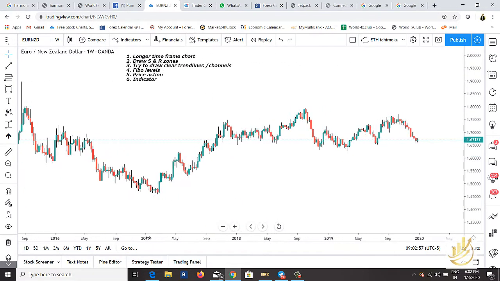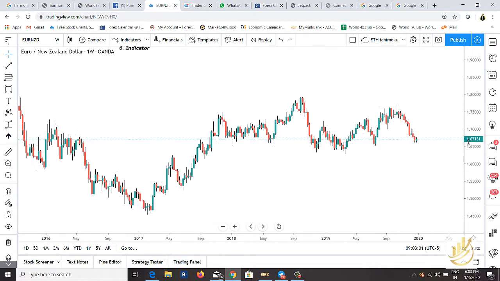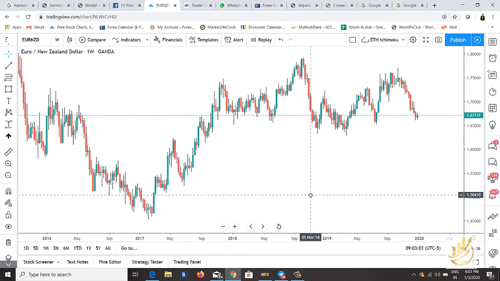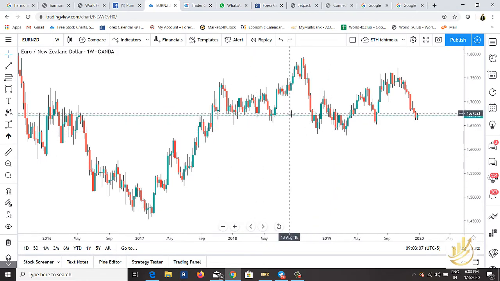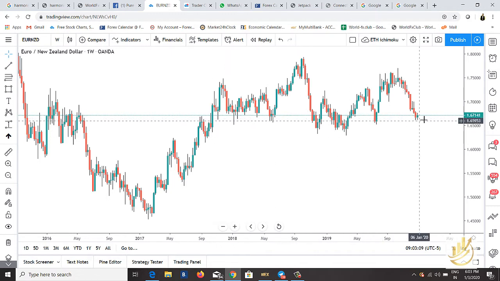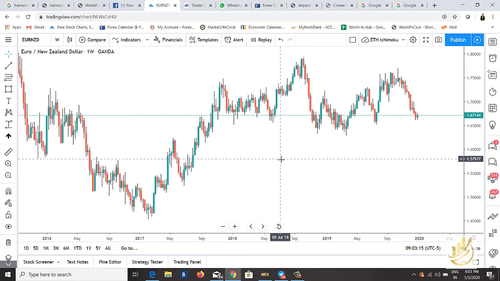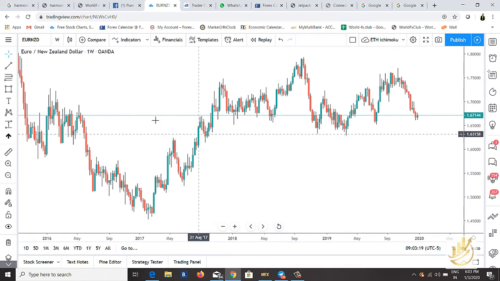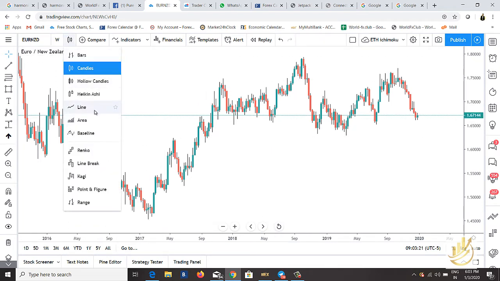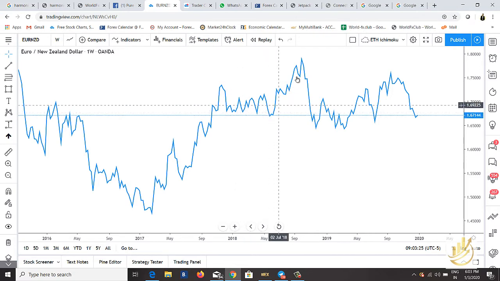In 2017, I can clearly see that this is a good support level. If you are getting confused about the exact support level, try to convert this chart into a line chart. Now it's easier, see. It is a good support level.